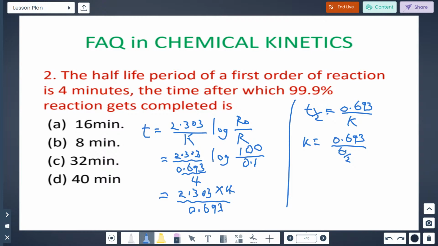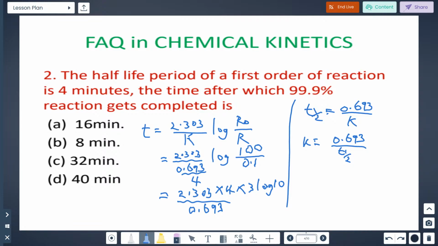Over 0.693. I told you, log 10 power 3 outright means 3 log 10. Understood? Log 10 is 1, leave it. So if you simplify all this, what is the answer? Here 3 into this, if you multiply, we get 6.93.